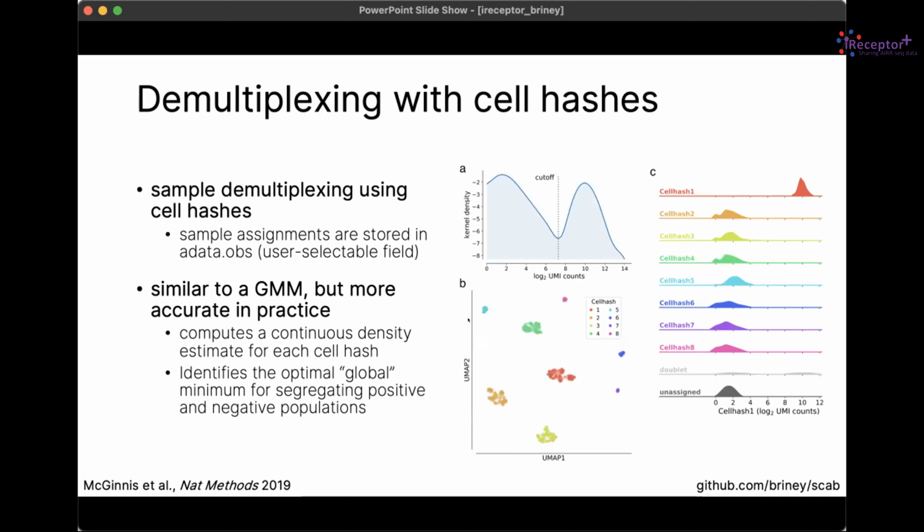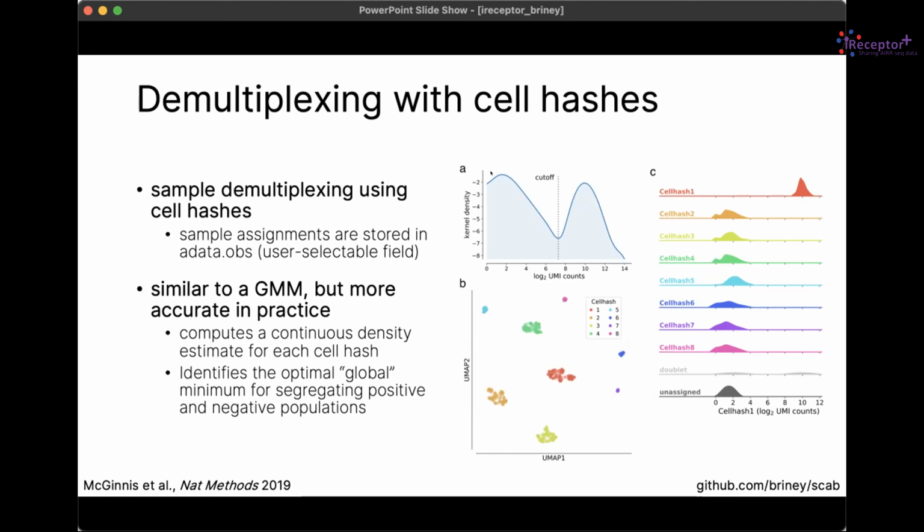So what we do instead is we calculate, so this is example cell hash data. This is log2 transformed UMI counts of a given cell hash. And we can see there are two very clear populations here, a negative and a positive.